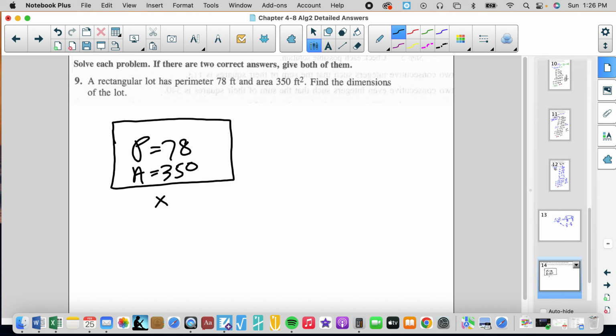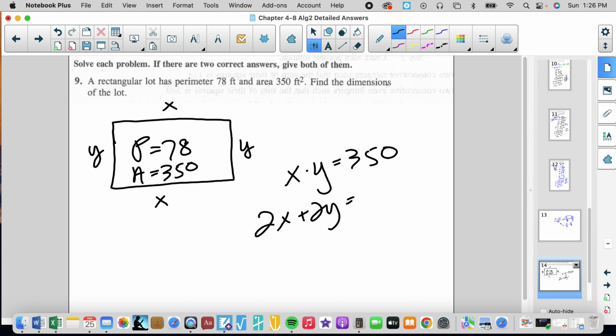So if this is X, this is Y. So X times Y equals 350, and 2x plus 2y should equal 78. That's a perimeter formula. Area equals length times width. Perimeter equals 2L plus 2W. So all we did was substitute that.